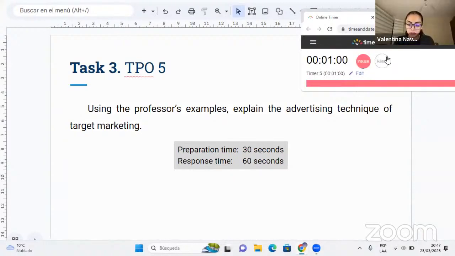Okay, according to the passage, target marketing is defined as the strategy to reach new clients.